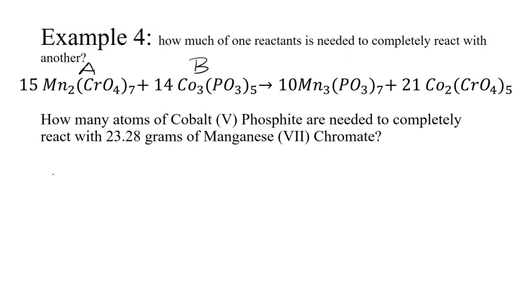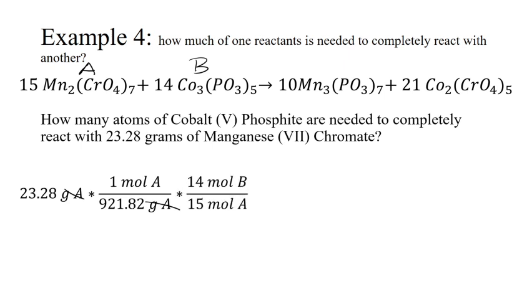So, starting out just like anything else, start with what we know, 23.28 grams. We want to convert that to moles, so we're going to use molecular mass. Make sure our grams cancel out. We are now in moles, so we use mole ratio, and that is going to be B over A. Make sure our moles cancel out again.